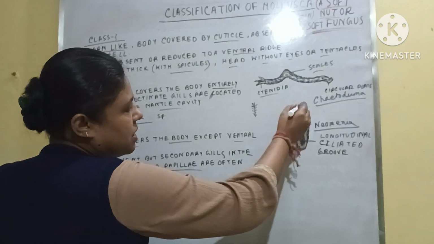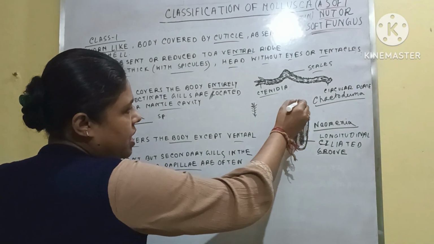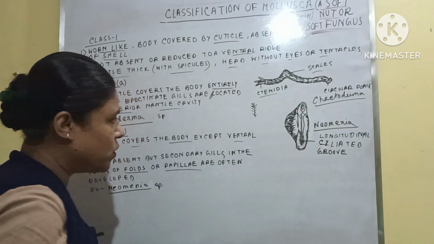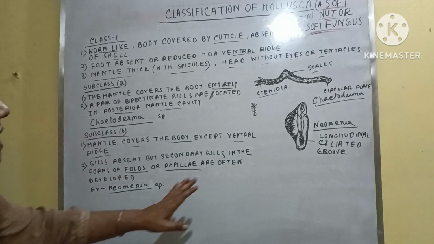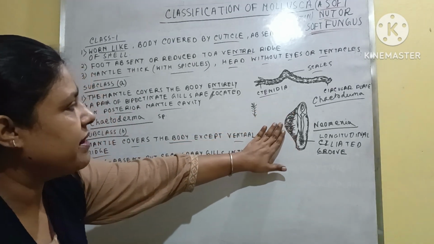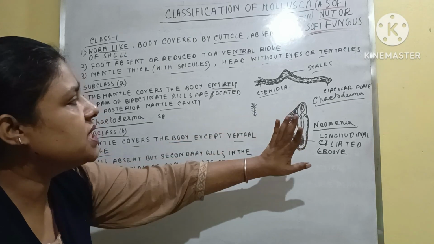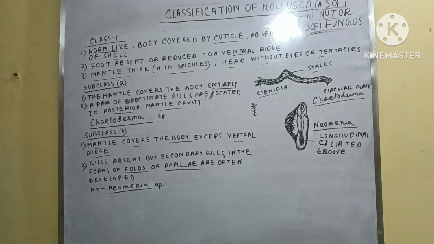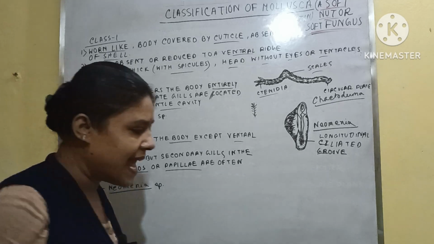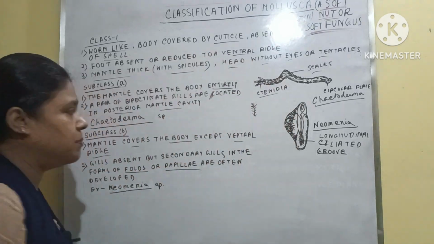If this is the mantle, or the body wall fold, it only covers this portion, but this ventral region is free. Clear? So these are the two subclasses, and the next class is Polyplacophora.